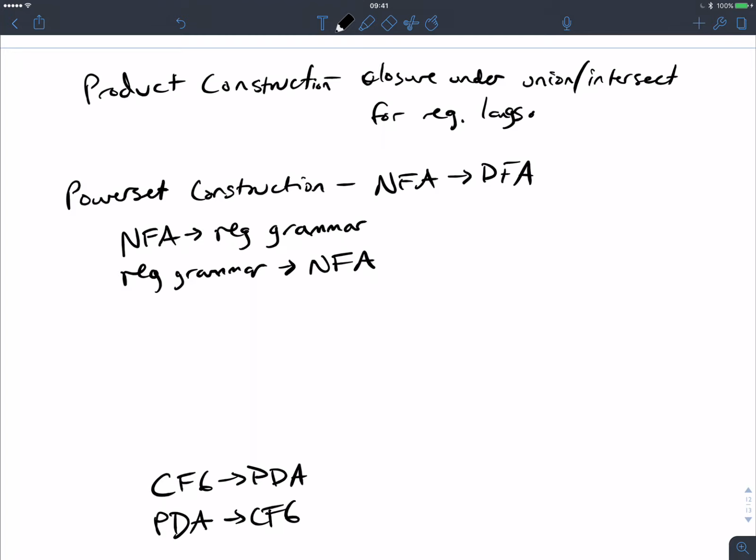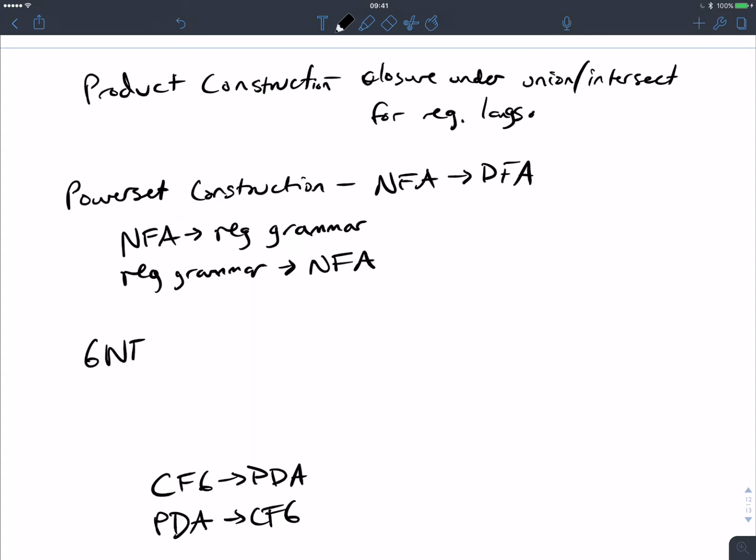What were some of the other ones we saw? There were two more, I think. What was the fourth equivalence for regular languages? Yeah, so that was used for showing conversion between NFA to regular expression.